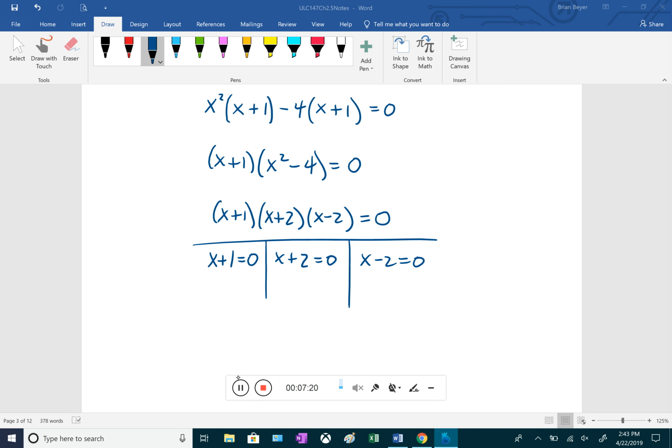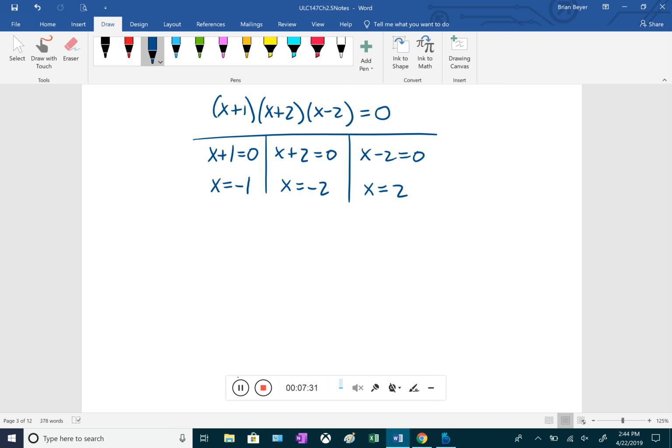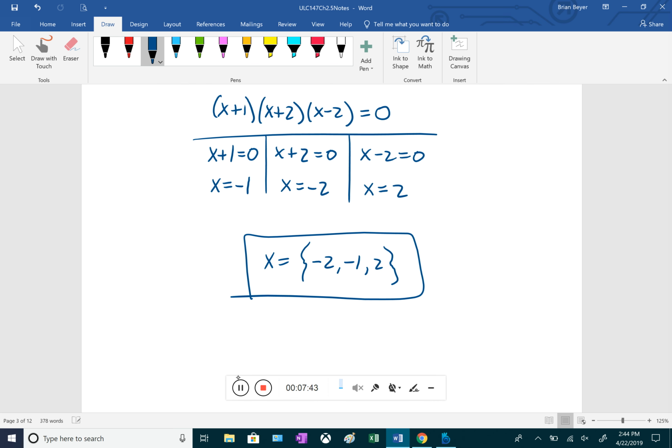So for the one on the left, subtract 1, we get x equals negative 1. In the middle, subtract 2, x equals negative 2. And on the right, we add 2 and get x equals 2. Obviously I'm going through that part quickly because we should already know how to do this portion of it. At the end, we get the solution set negative 2, negative 1, and positive 2.